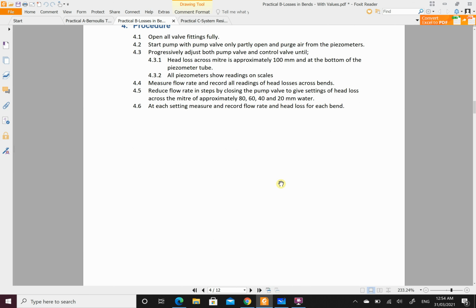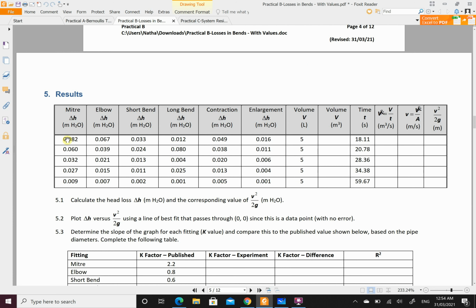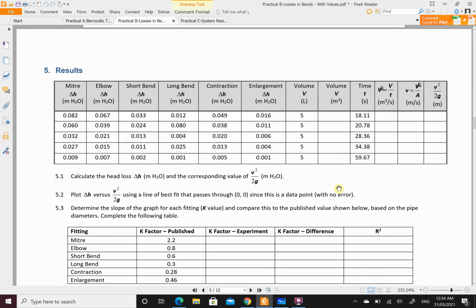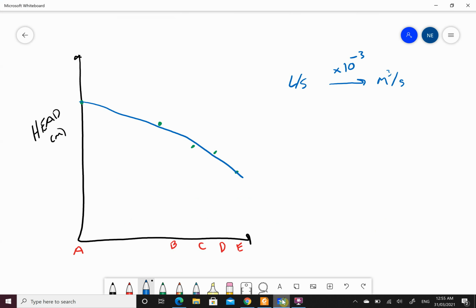So I know my delta H because I'm given it for all cases, and I know my v squared on 2g. For this one, I'll get the first one done for you. So the miter, delta H is 0.082. So my k factor is equal to delta H on v squared on 2g.